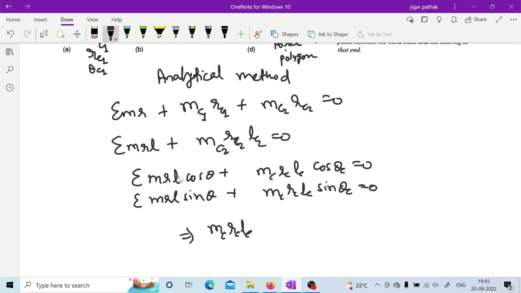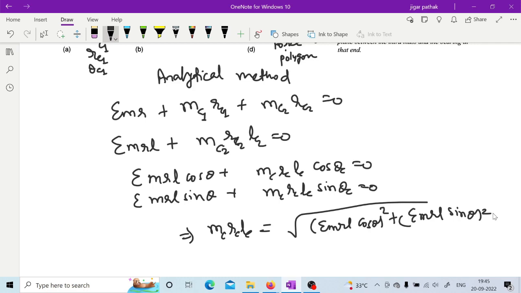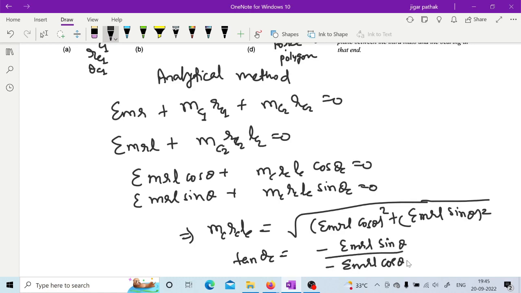By taking this to the other side, squaring and adding, you will get MC RC LC equal to the square root of sigma mrl cos theta whole square plus sigma mrl sin theta whole square, right? This is how you will get MC RC LC, and for theta, tan theta C equals minus sigma mrl sin theta upon minus sigma mrl cos theta. So this is how you will get theta C, right?